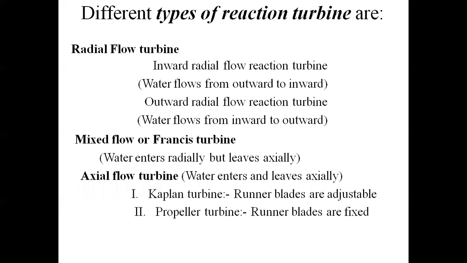Water coming from inward to outward is called an outward radial flow reaction turbine. Simple. Inward radial flow means water coming from the outside to the shaft of the turbine. Outward means water going from the shaft to the outside. That is called outward flow.